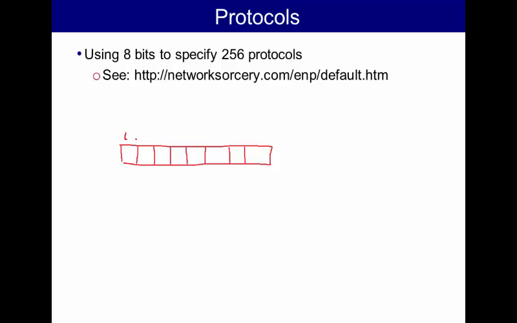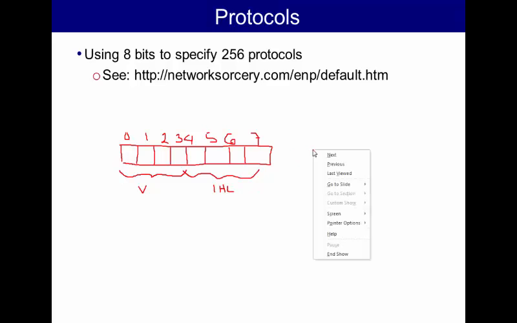Okay, so 0, 1, 2, 3, 4, 5, 6, 7. Okay, so the first 4 bits, this is the version, and the next 4 bits are for header length, IHL. Right? So we have to split that.